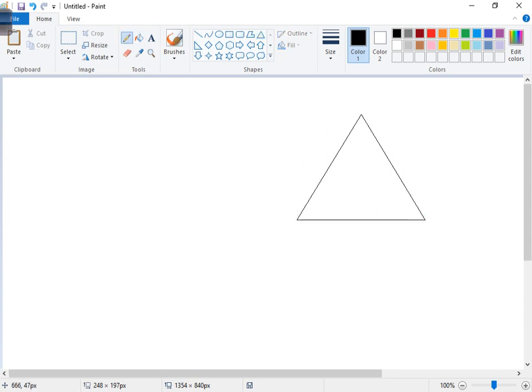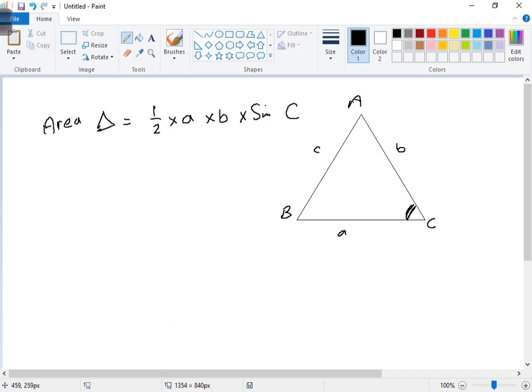For example, if we have a triangle like this, with sides a, b, c, and they give us one of the angles, angle C, and two sides a and b, the area of the triangle equals half times a times b times sine C. Let's have a question.